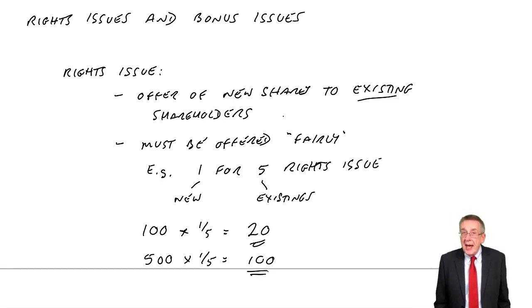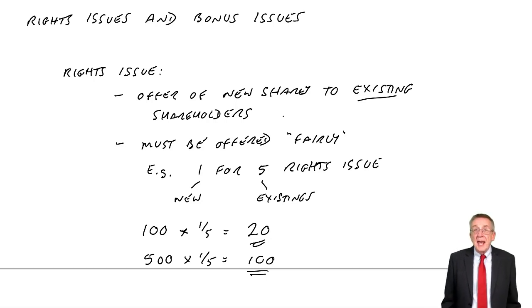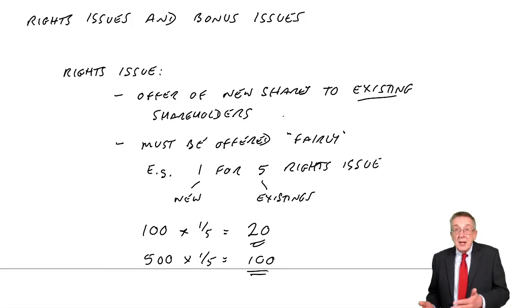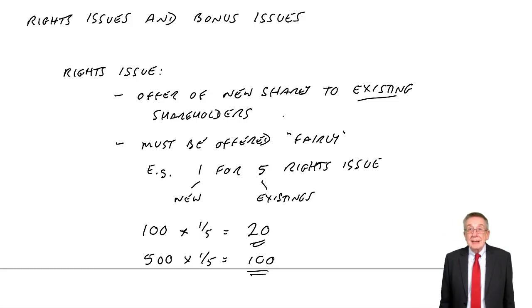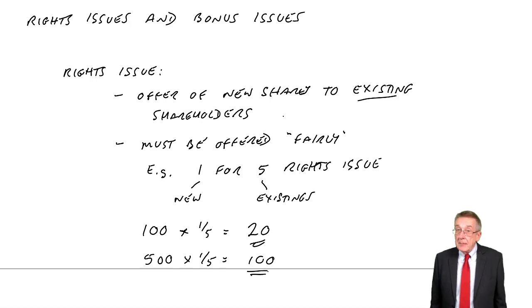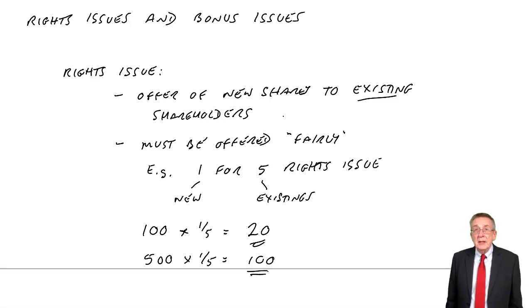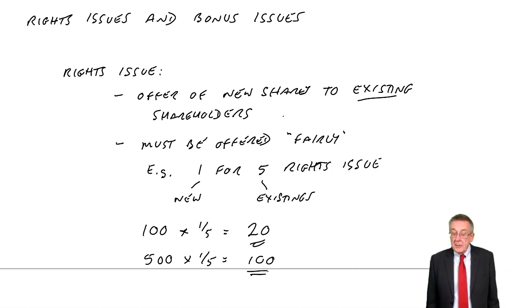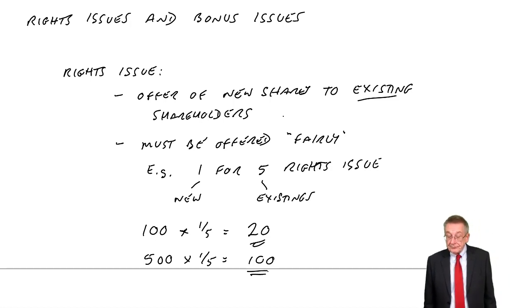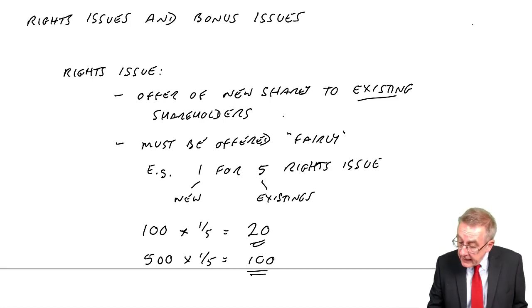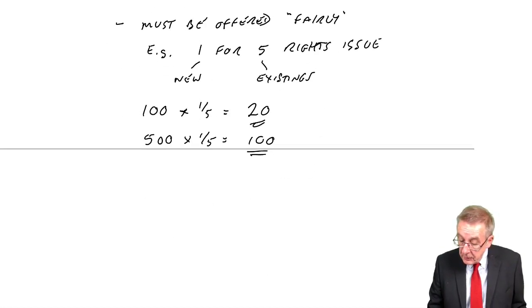So that's what I mean by fairly. Every shareholder gets a letter saying you're entitled to buy 20 shares, 100 shares, whatever it is. And again, although in the exam we always assume they do buy them, they're not forced to. The letter is just offering them new shares. So that's what we mean by a rights issue.